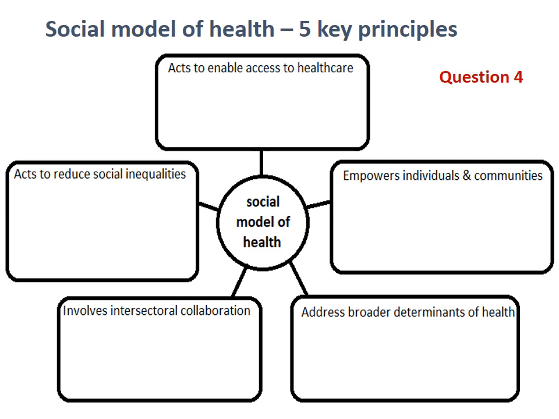There's a bit more detail that you need to know on the social model of health than the biomedical model. And this stuff will keep coming back over the term when we look at different examples in different health programs. So the social model of health is considered to have 5 key principles.